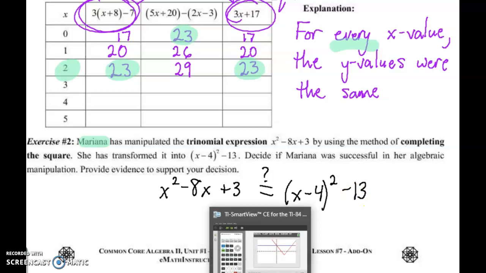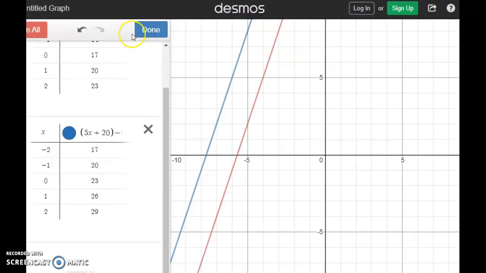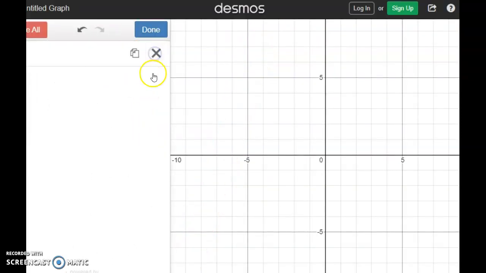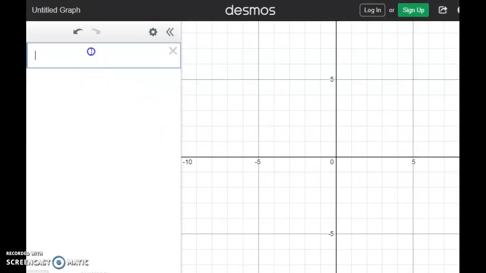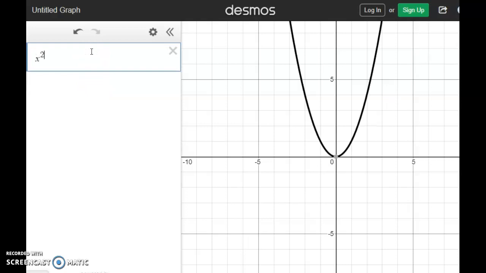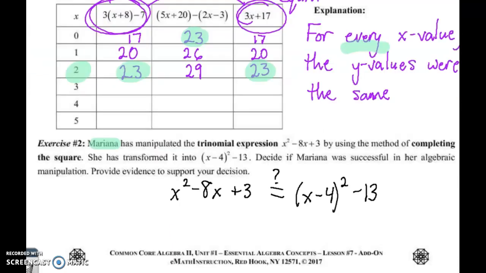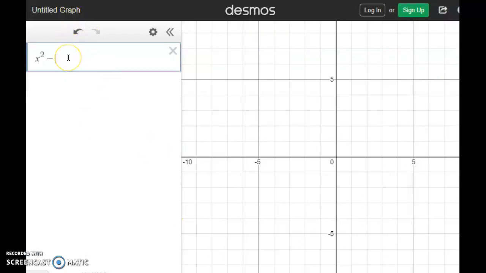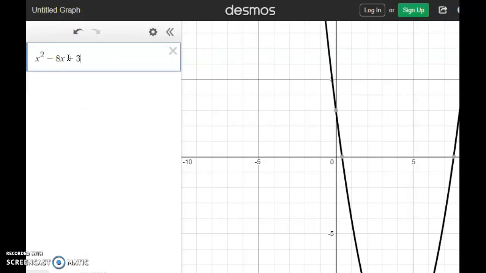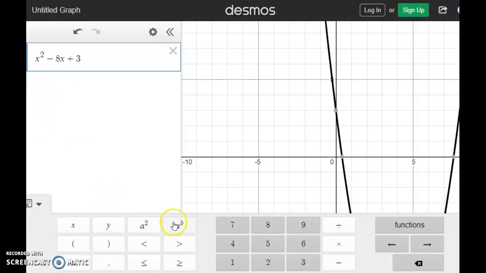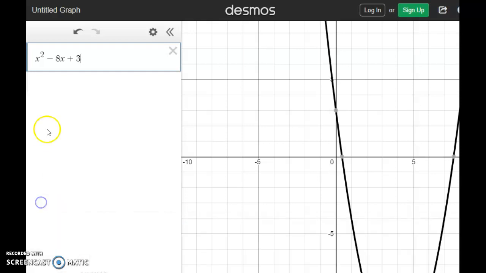So let's go to the calculator. Let me delete what we did earlier. And you don't have to write y equals, you can just write it the way it was. X squared minus 8x plus 3. By the way, if you forget where the squared is, it's this little key, or you can hit this key right here, and it's in the keyboard down here.